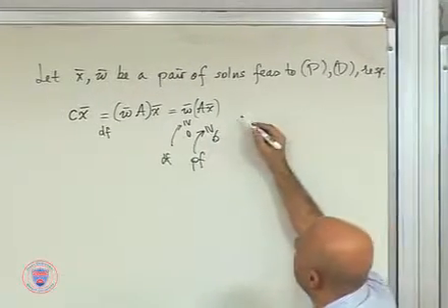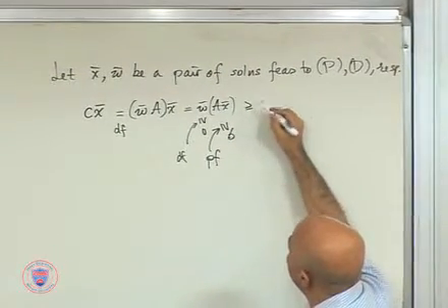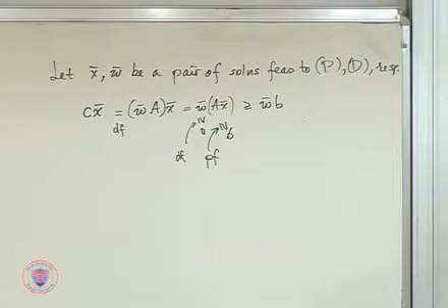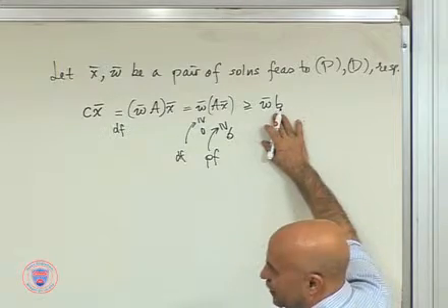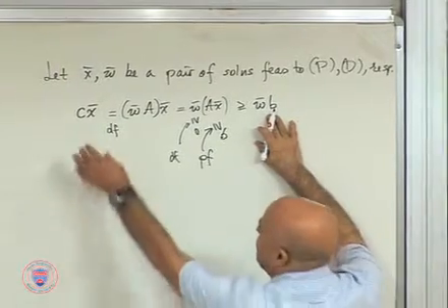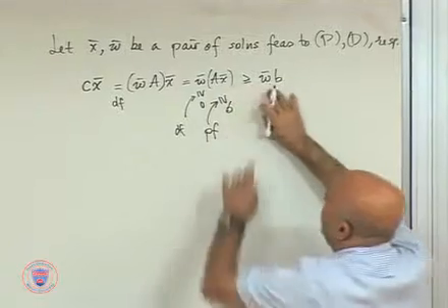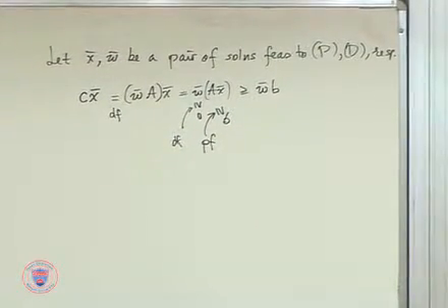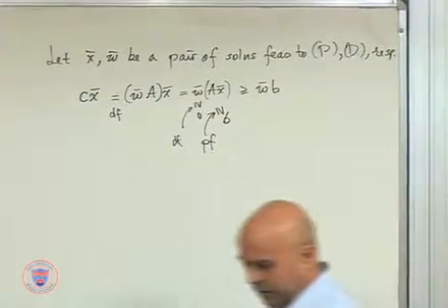And because of these, this is greater than or equal to w bar times b. And that is the end of your proof. You just showed it. It's a lower bound. Did I do it right? The minimization objective value is bounded below by the maximization's objective value. Of course, you can work that for other cases as well.